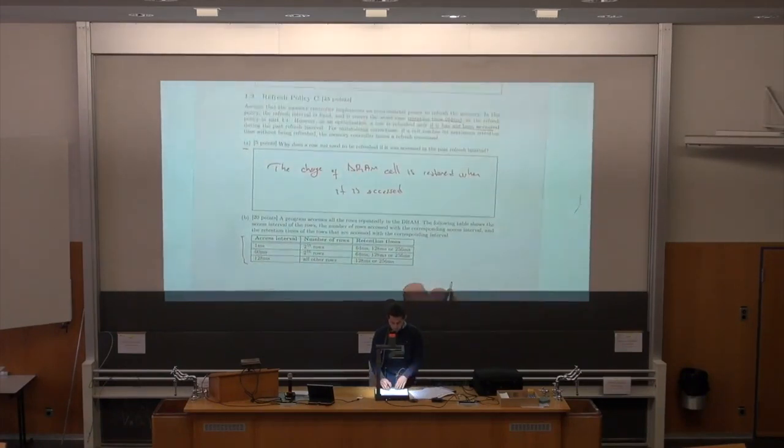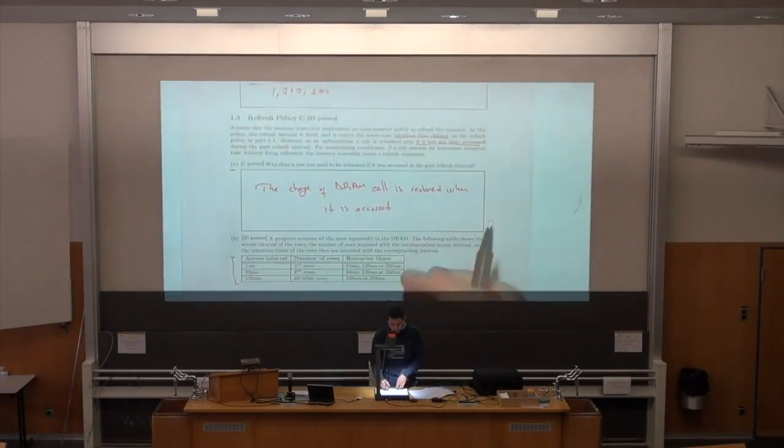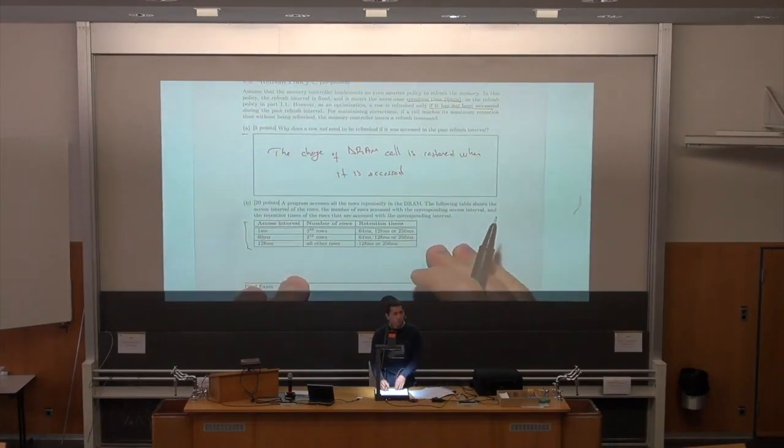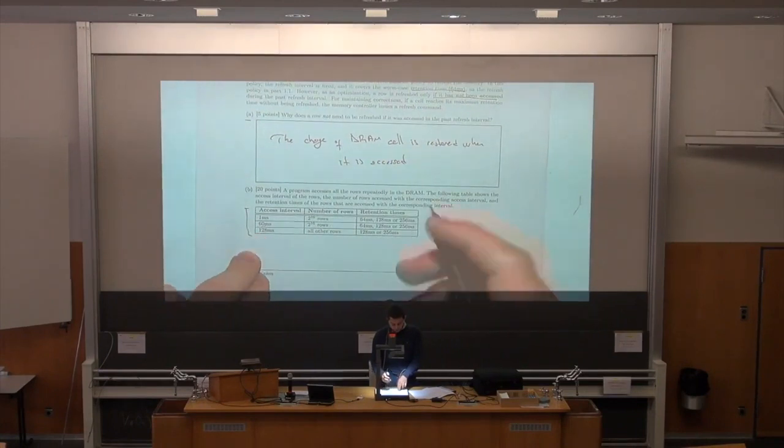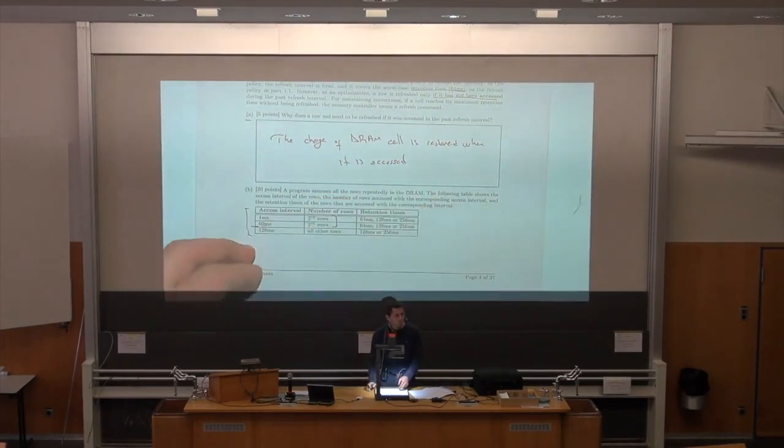So remember that the retention time was 64, so the refresh interval will also be 64 for all of the rows. But the program accesses these rows before the refresh takes place in 64 milliseconds.